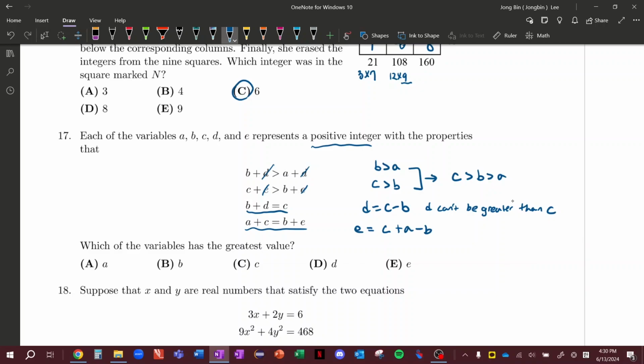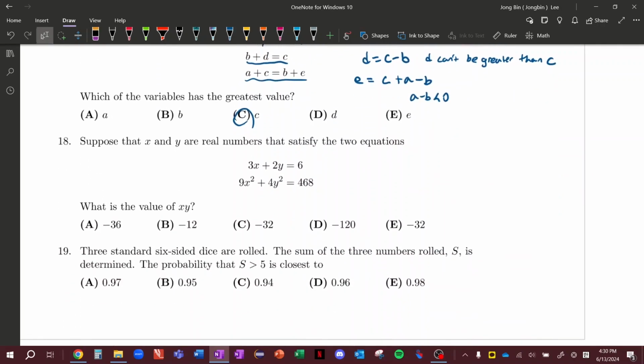And we know that a minus b is a negative number from here. And that means that e is also less than c because we're adding a negative number to c. So ultimately our greatest integer would be c, and that will be our final answer.